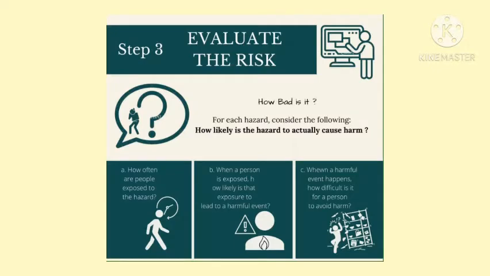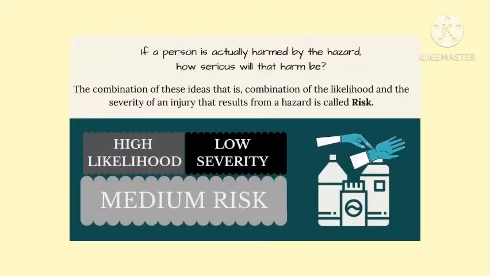For example, the number of people exposed to the hazard. When a person is exposed, how likely is that exposure to lead to a harmful event? When a harmful event happens, how difficult is it for a person to avoid harm? The combination of these ideas, that is the computation of the likelihood and the severity of an injury that results from a hazard, is called risk.